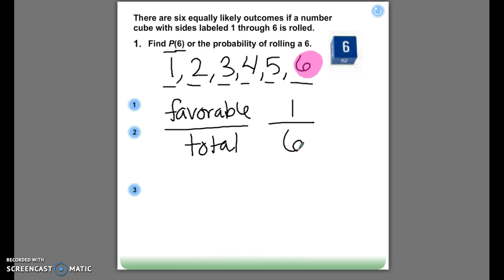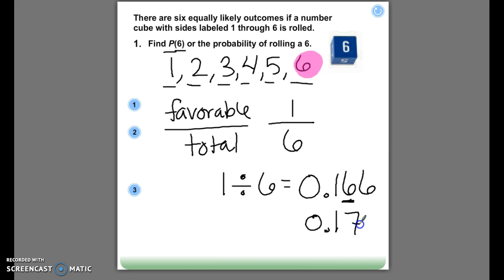We could then type this into our calculator and take 1 divided by 6, and we get something like 0.166. Okay, and if we round it to the nearest hundredth, this 6 is in the hundredths place, so we would tell it to round up, so it'd be 0.17.